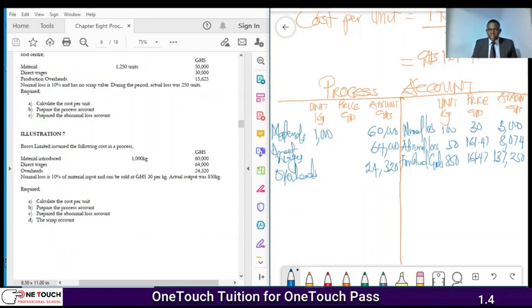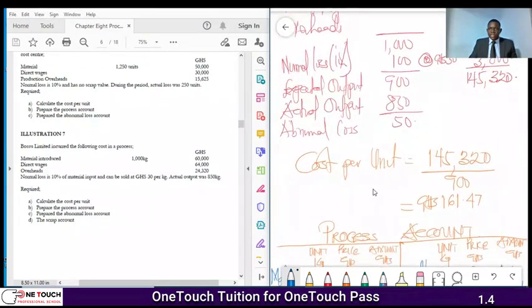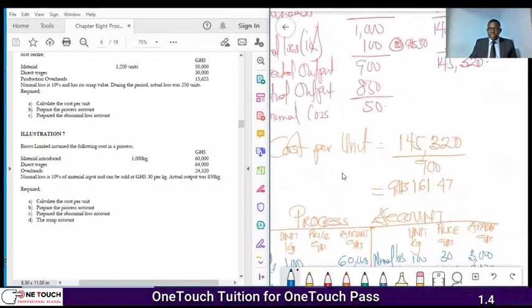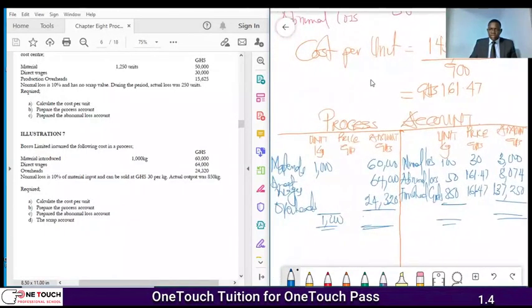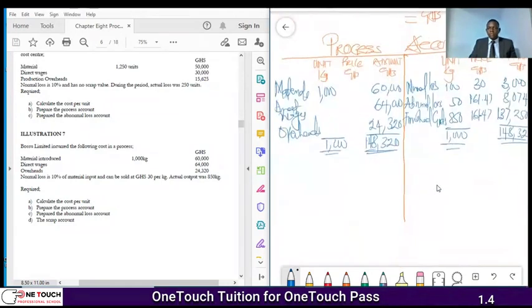Okay, great. So at the end of the day, our total is 1,000 units at a total of 148,320. Okay, good.